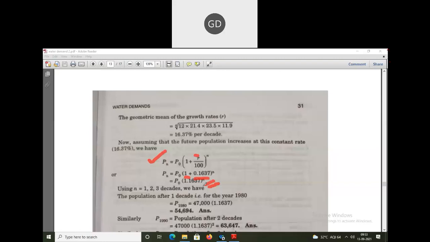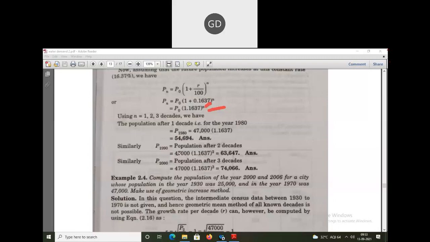So similarly, as you have done for your arithmetic increase method, we will be putting the value of n. After solving this equation by putting n equal to 1, n equal to 2, and n equal to 3, you will get the answer for all the 3 populations asked in the question.